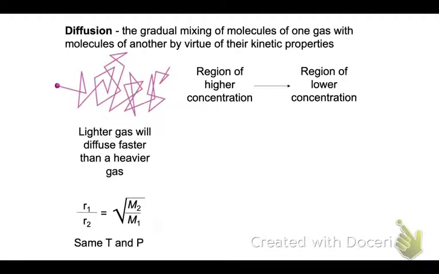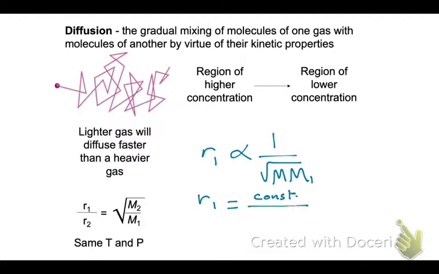We said that R is inversely related to the square root of molar mass, right? So if I put everything here as we used to do in the ideal gas law, that means it's equal to a constant over the square root of the molar mass.